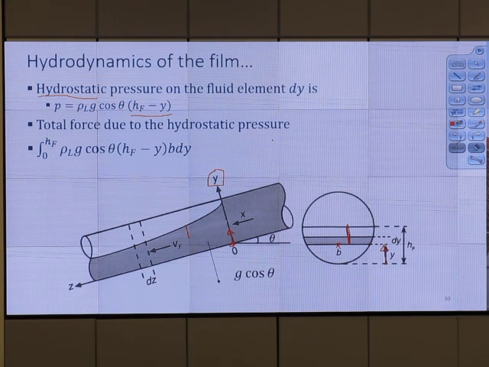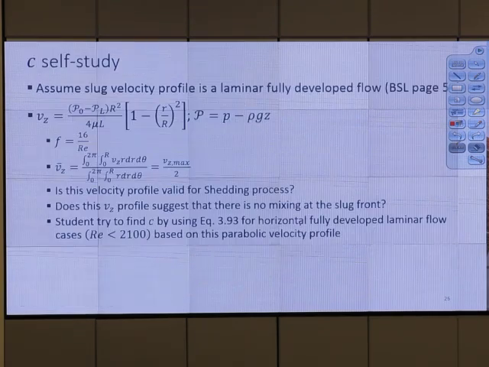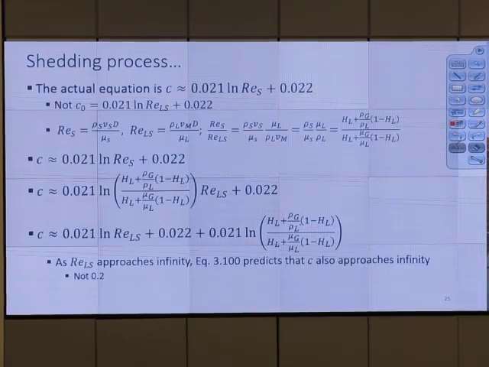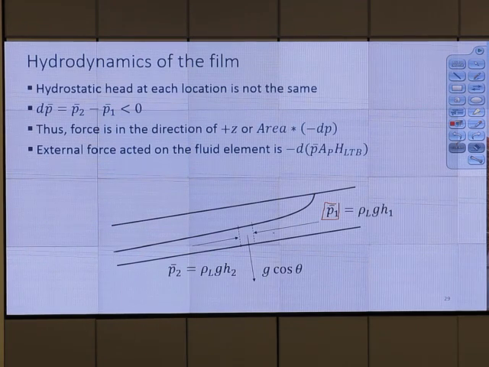That's force. When we talk about a fluid element, we want to know the force in the positive z direction pressed against the boundary, the force from the fluid outside the control volume. So that force is not in the y direction but in the plus z direction.